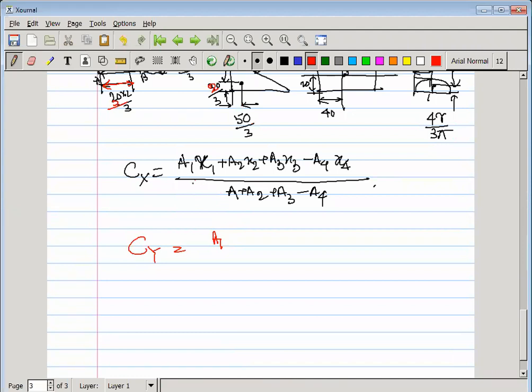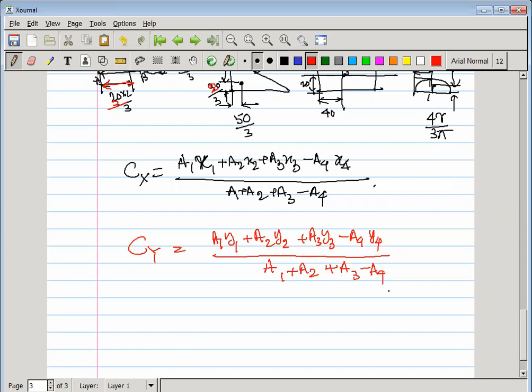I just give you the value. So A1 x1 plus A2 x2 plus A3 x3 minus A4 x4. You all know the A values, A1 A2 A3 A4, and y1 y2 y3 y4. I have just written that value. Just put that and you will get the centroid of this composite section.